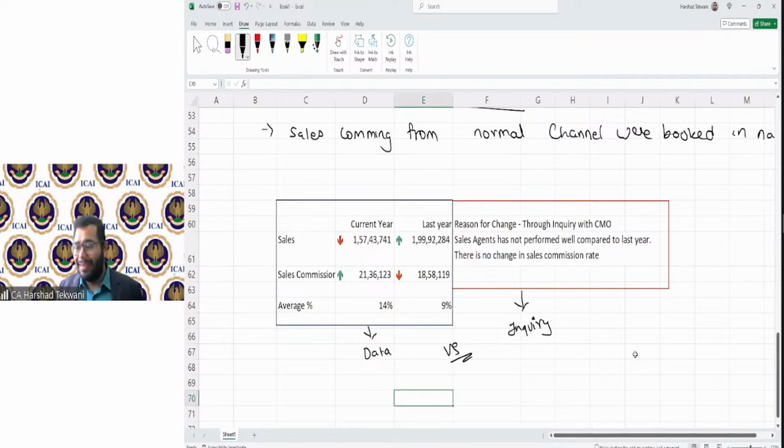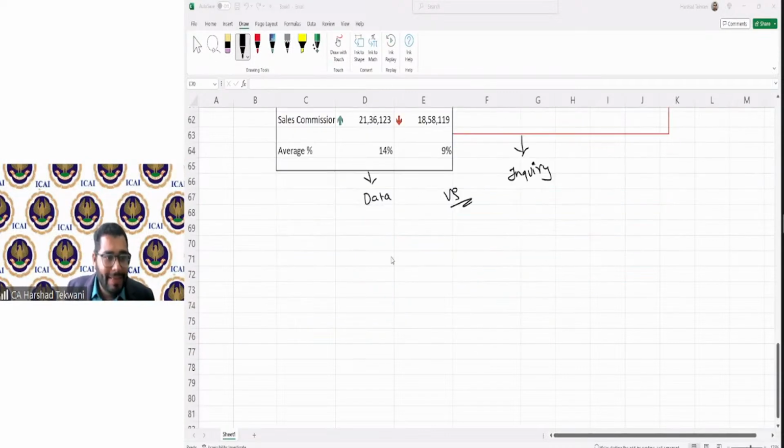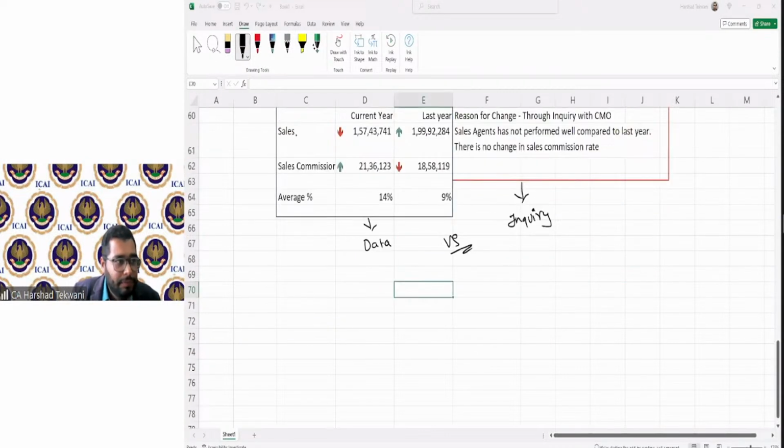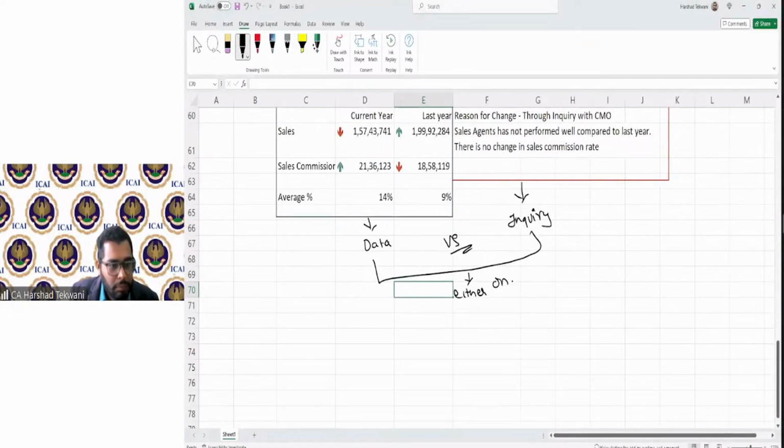Usually in these scenarios, two different pieces of evidence are in contradiction to each other. When two different evidences are in contradiction, it is usually referred to as an inconsistency, or a doubt over the reliability of one of the audit evidences. So either one of the audit evidences is not appropriate.